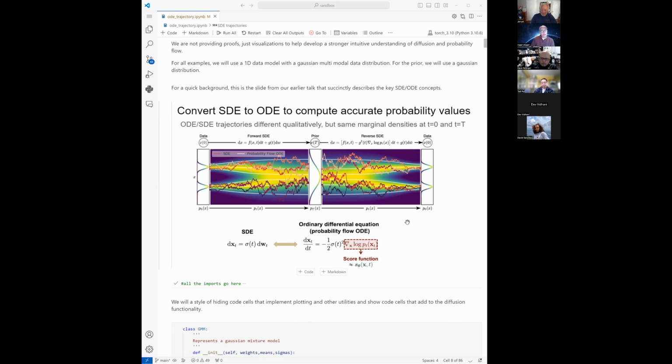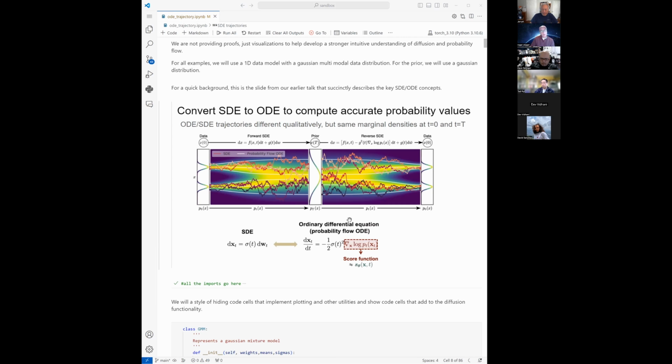Okay. Yeah, so there are differential equations that match this, and those are handy because in order to determine a distribution using the stochastic equations, you have to do a lot of sampling and then try to determine the distribution of the data afterwards.